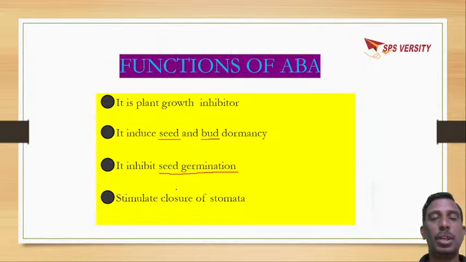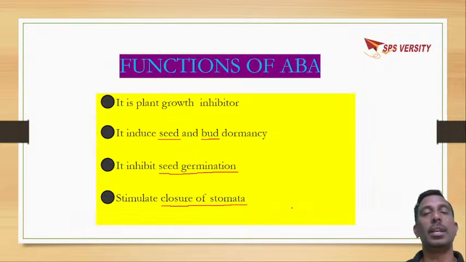It stimulates the closure of stomata, and moreover, it is a stress hormone. So these are the functions of abscisic acid, which is a growth inhibitor.